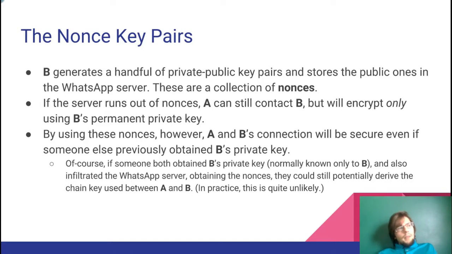As a result, if we have the nonce, then a communication between A and B is still going to be secure, even if B's permanent private key had been obtained by someone else in the intervening time. It's just a bit more secure by using the nonces. If they aren't available, then that additional security won't be available.